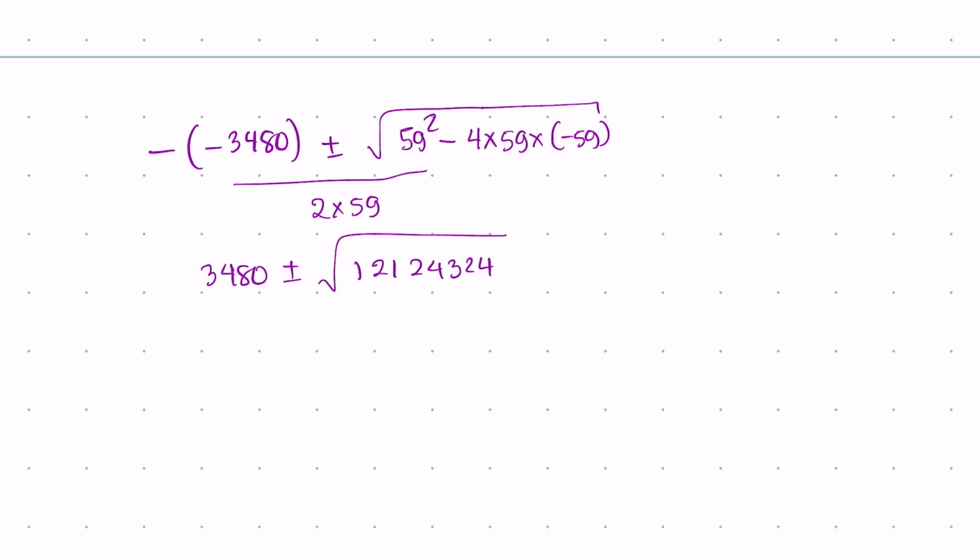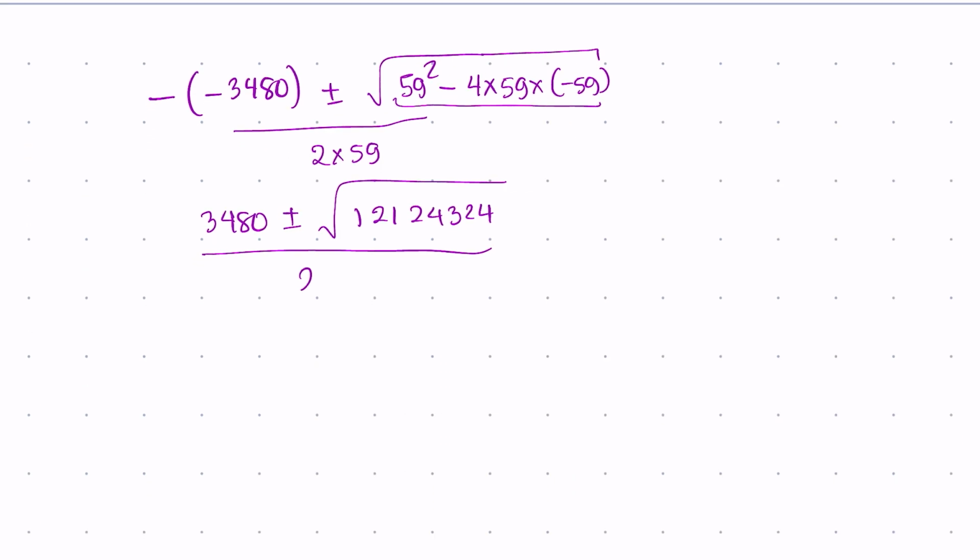So if you simplify this, you'll get this. Calculators are allowed in the exam, so you can just use your calculator to figure this out. 3480 plus minus the root comes out as 3482 divided by 118.